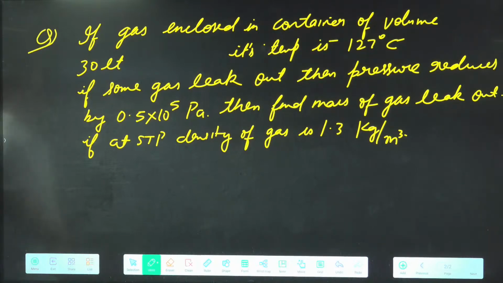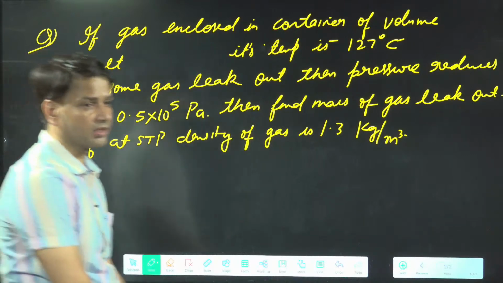Then find the mass of the gas leaked out, if at STP the density of the gas is 1.3 kg per meter cube.